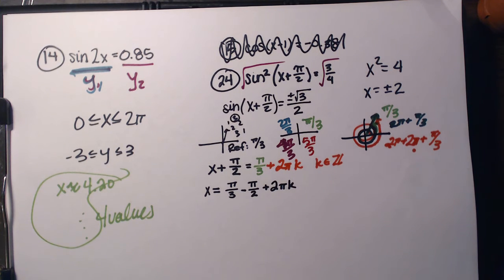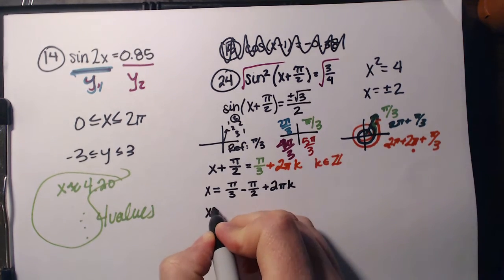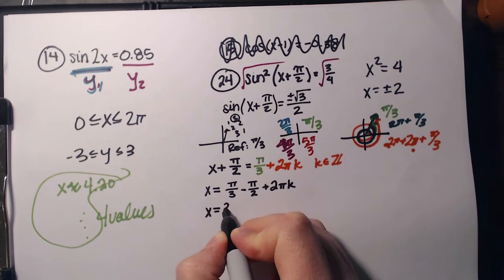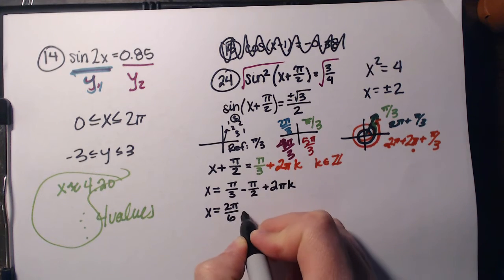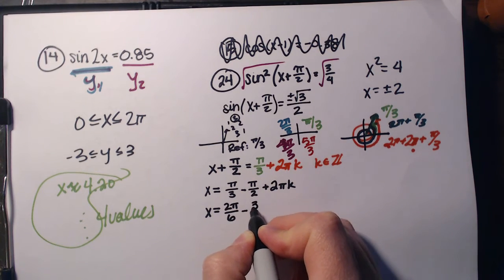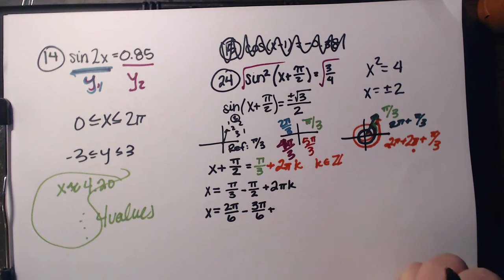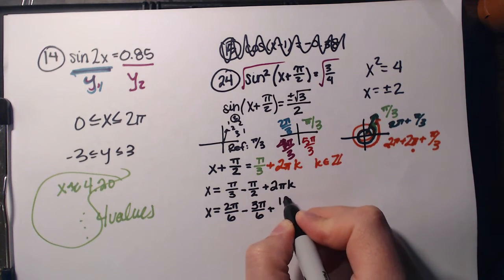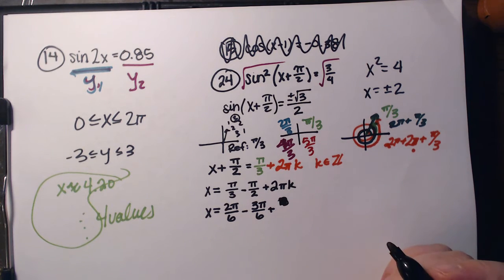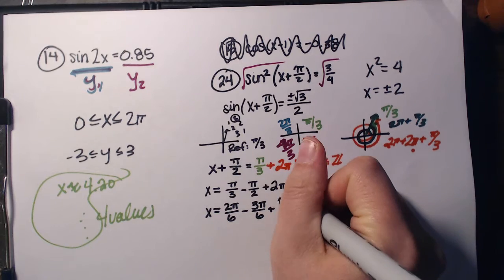Now it's going to be easiest if I have everything with a common denominator. So I'm going to go ahead and switch everything to have a common denominator of 6. So then I have 2 pi sixths minus 3 pi sixths plus 12 pi sixths times k.